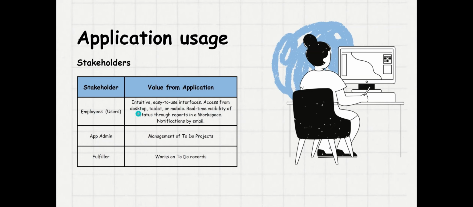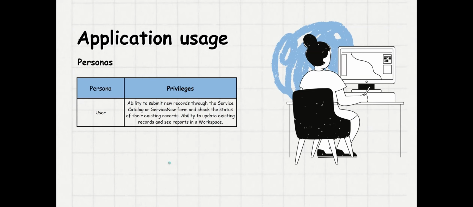Employees can access this application from desktop, tablet, or mobile, and they can see the real-time status through workspace and get notifications by email. Coming to app admin, he can manage the to-do projects. And coming to the fulfiller, he is going to work on the to-do records.